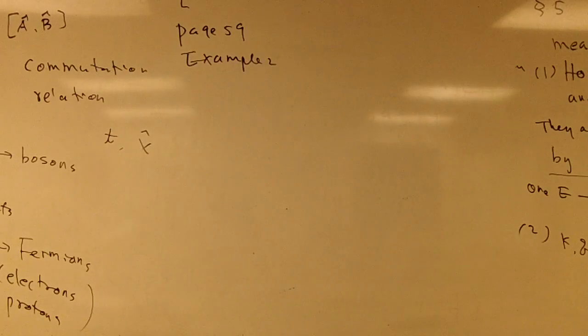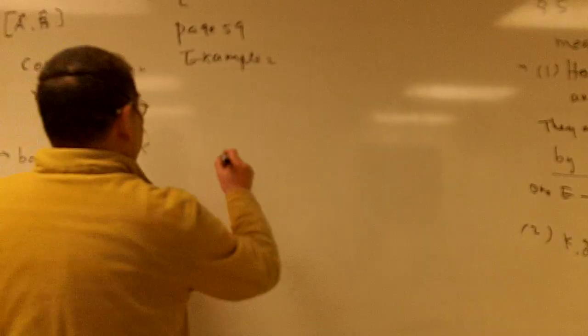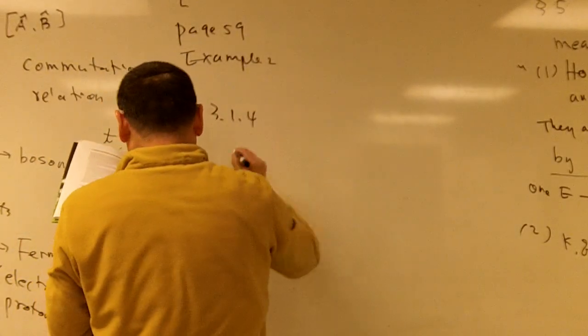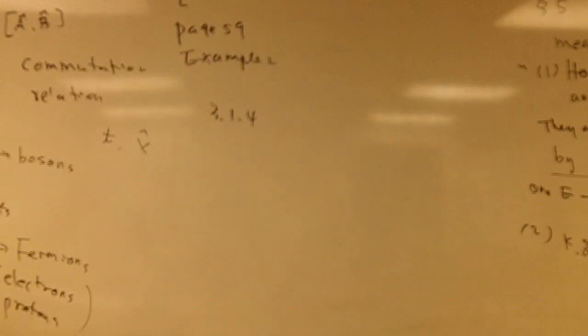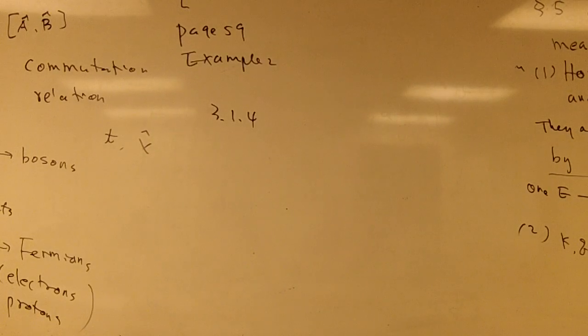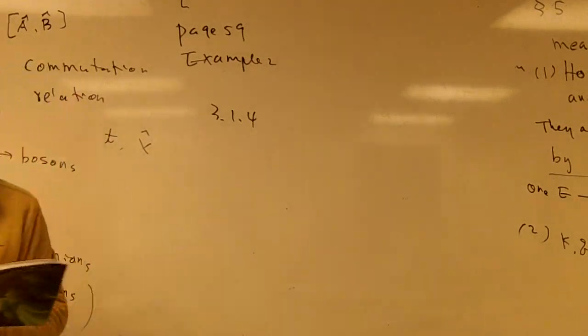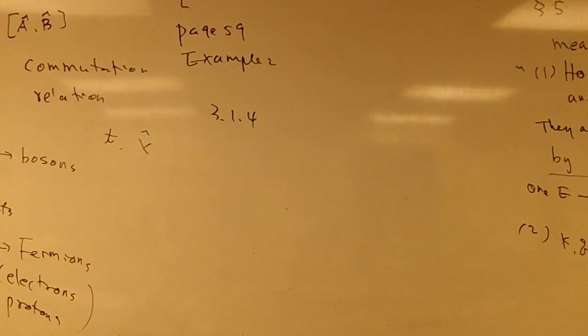Page 59, it should be just below equation 3.1.4. So that's example 2. Just below that. Can you find it? It's called operator commutation. Did you see the proof like this? It has example 2 on page 59. For those of you who have physical books, you can find it.